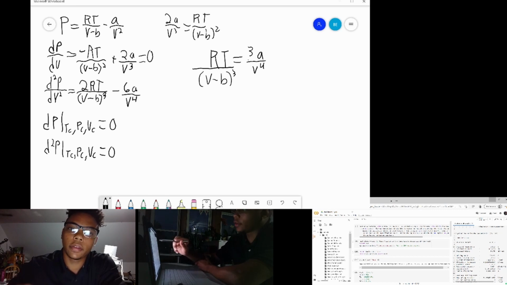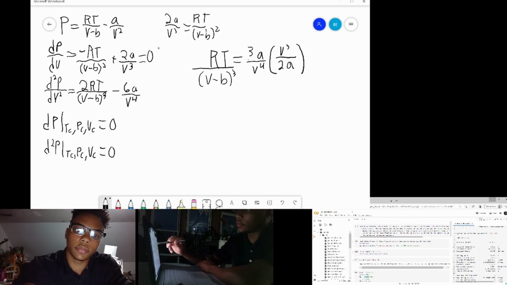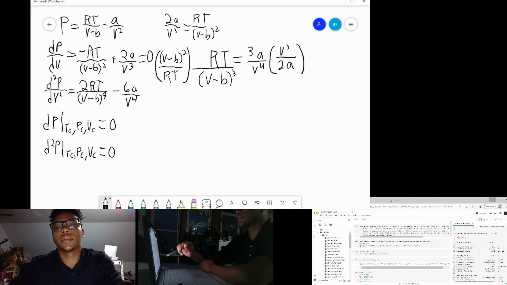So if we have 2A over V cubed, we're going to flip it, and we're going to have V cubed over 2A multiplied by the right side of our equation, and we're going to have V minus B squared over RT multiplied by the left side of our equation.